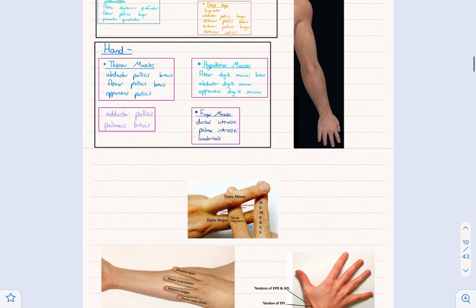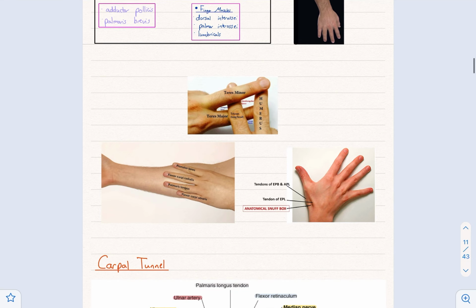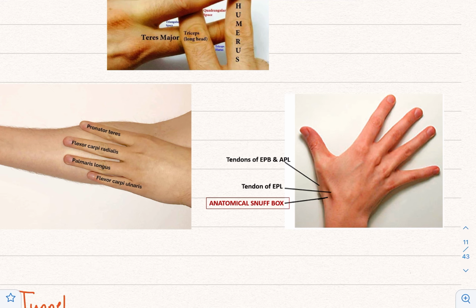APL, abductor pollicis longus, there. And EPL, extensor pollicis longus, there. So these are all in the deep muscles, which makes sense because all of the pollicis muscles are in the deep layer. And that forms the anatomical snuff box.